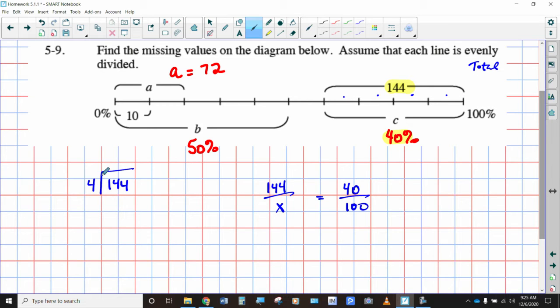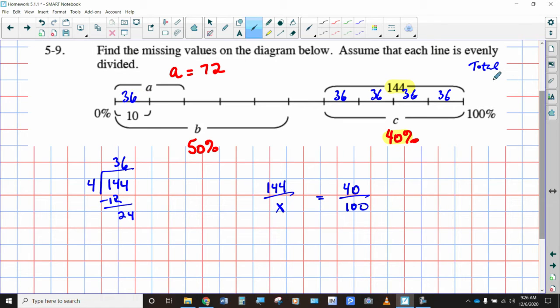Okay, so let's do that first and see if this ends up matching that total. So it looks like 4 goes into 14 3 times. That's equal to 12. That's supposed to be a 2 there. And then you get 24. So that means that each one of these has to be 36. So each one of these intervals, 1, 2, 3, 4, 5, 6, 7, 8, 9, 10, each one of these 10% intervals is equal to 36.